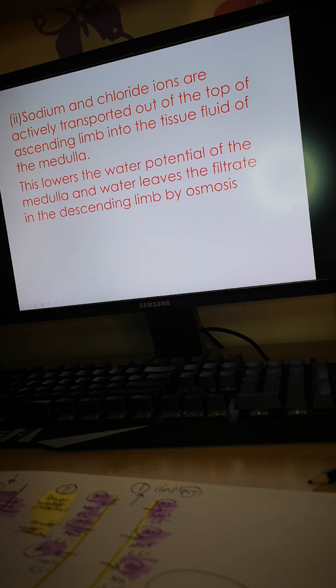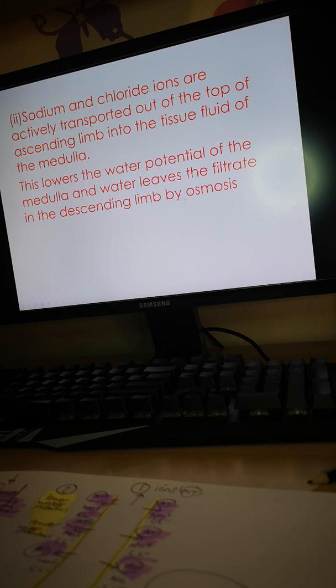Both of those would lower the water potential in the medulla. You might then get an extra mark point for saying that diffusion at first and then active transport ensures there is always a lower water potential in the medulla than the filtrate, so that water leaves the descending limb by osmosis.